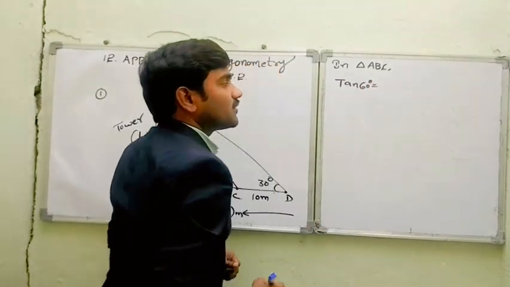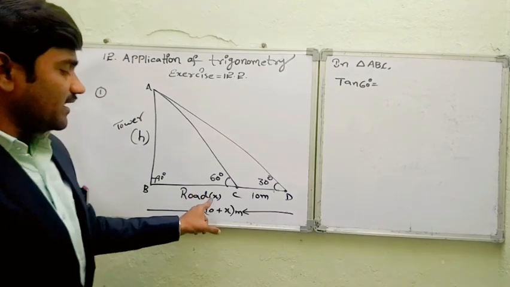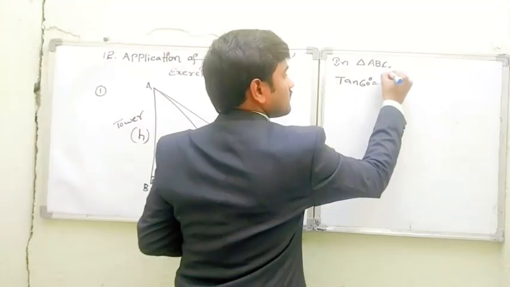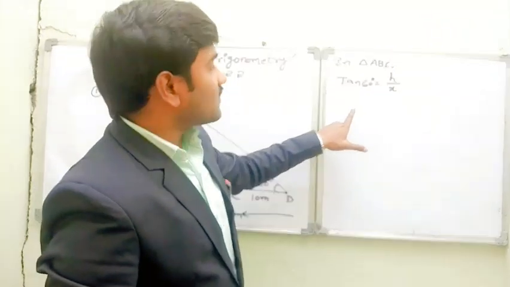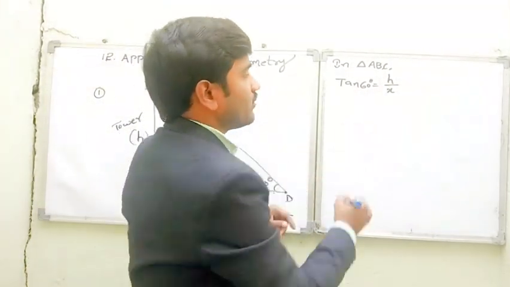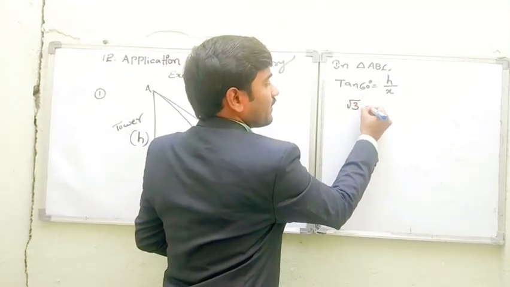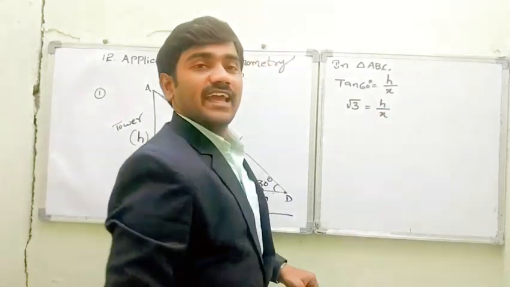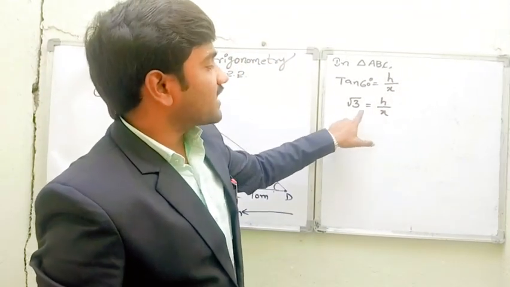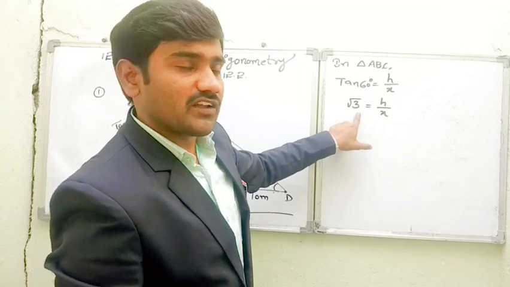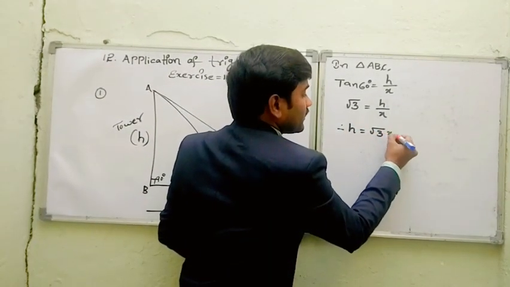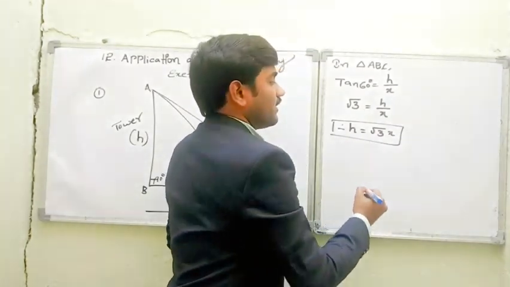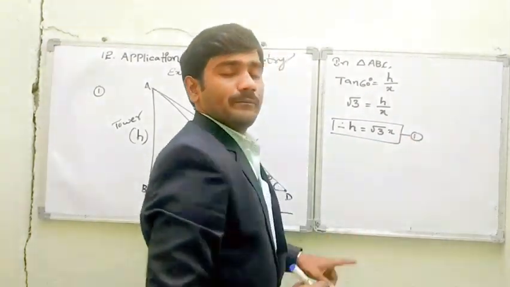Tan 60 equals H by X. Tan 60 degrees value we know, that is root 3. That is equal to H by X. So this X we transfer to this side, it will be multiplied. Therefore, H equals root 3 into X. This we got as equation number 1.